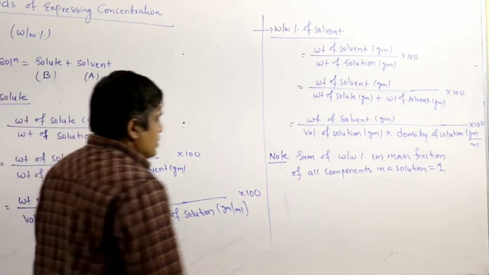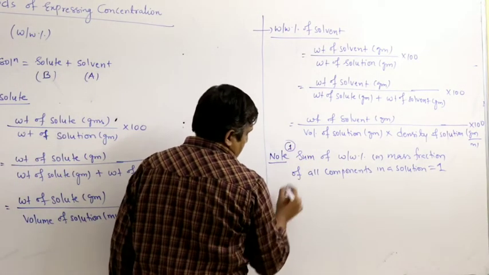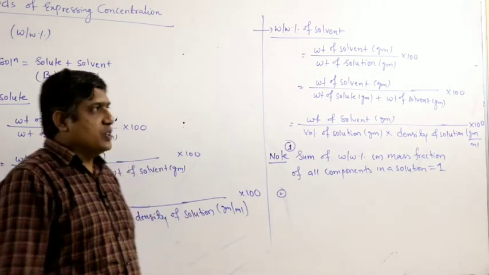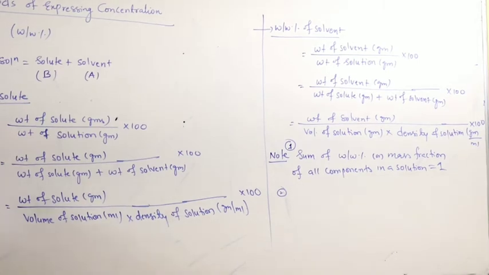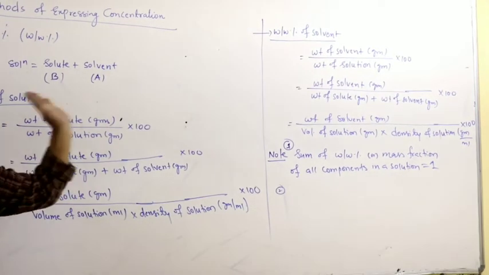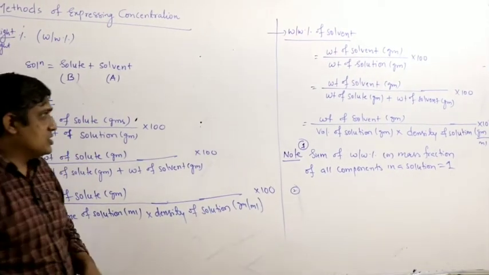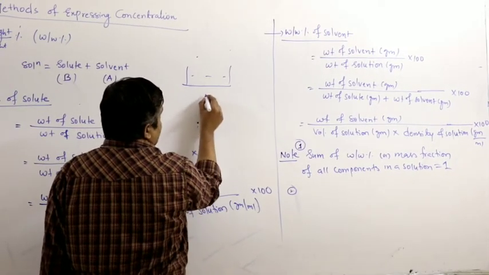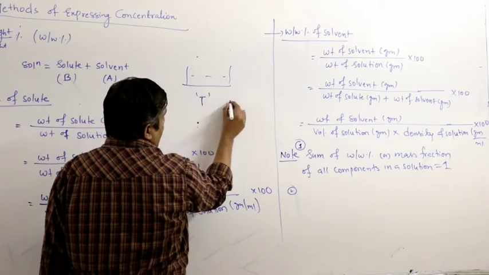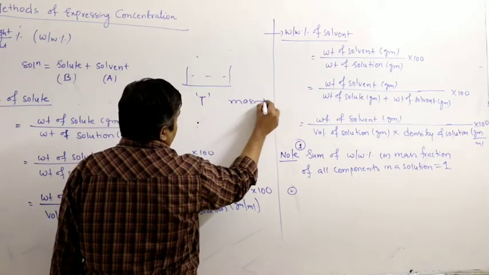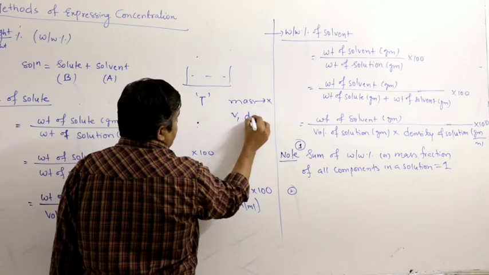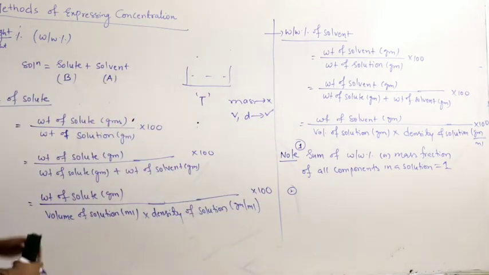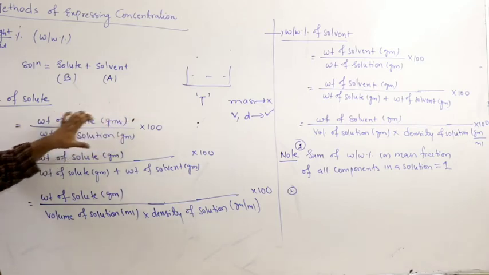Next, this is the first point. Second point, what is the effect of temperature? If I increase the temperature, masses are not affected. If you take the solution and heat it, if you change the temperature, mass is not affected, volume and density are affected. But in this, there is no volume.